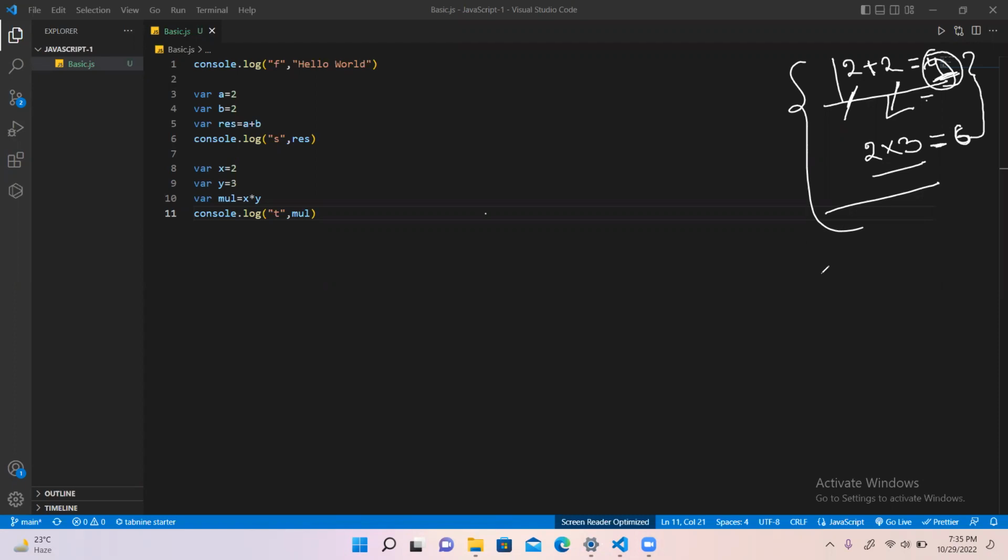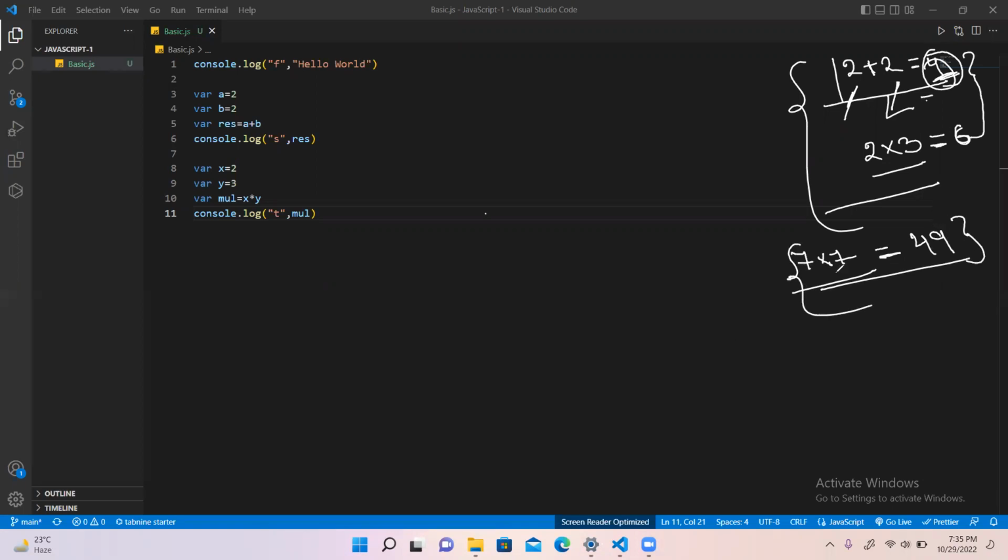Okay, so how to solve this power question? So you can use this 7 into 7. Okay, so you use like that. So 7 into 7 equal to 49. Okay. So how to write a code of that question?